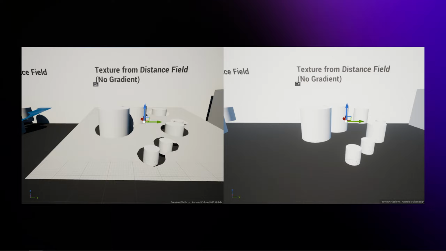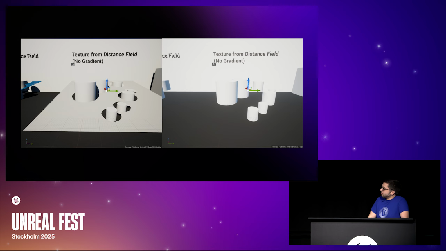On the left side, you see Android Vulkan SM5 preview, and on the right side, you're going to see the Android Vulkan High. We have that same plane that is using the material that has an opacity mask. And you can see how it's working in SM5 on Android, and it's not working on normal Vulkan Mobile. And I'm just going to show how you can see what's going on fast.